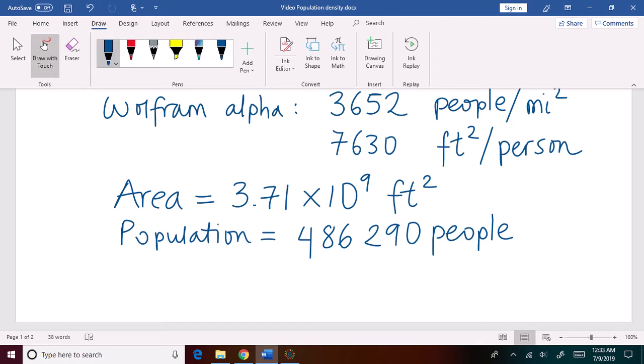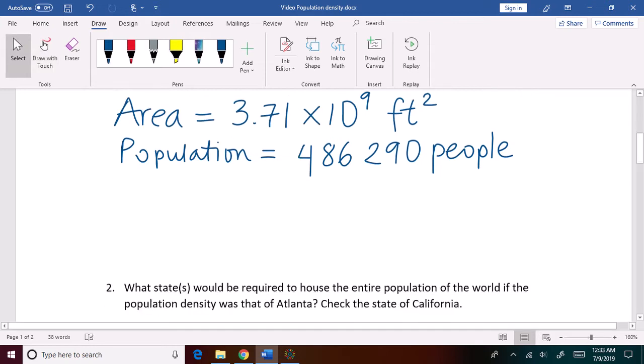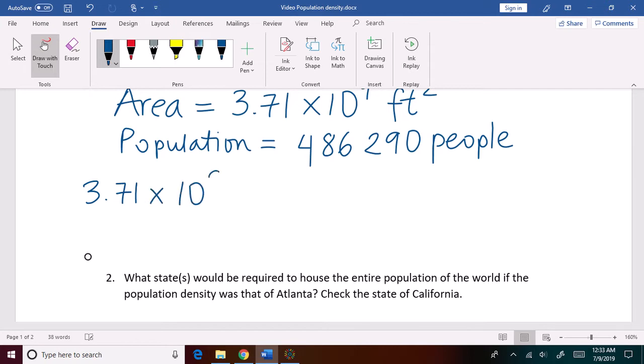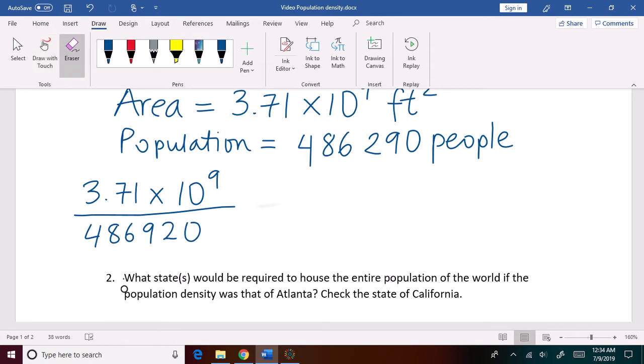Now we're going to be dividing these two numbers by each other. So it's going to be 3.71 times 10 to the 9 divided by 486,920. This is feet squared, and this is people.